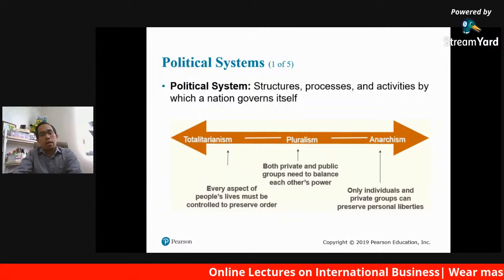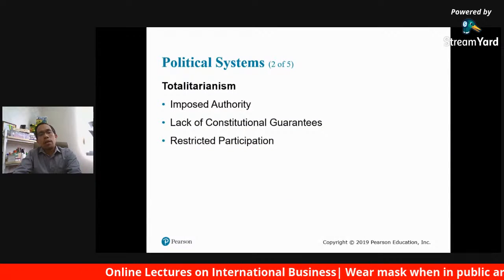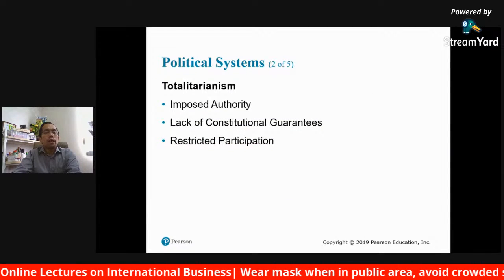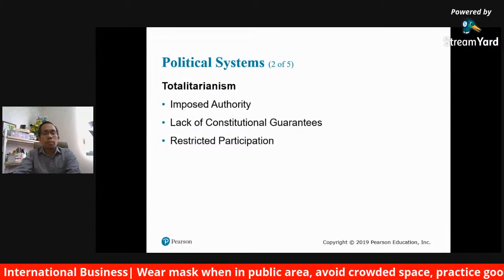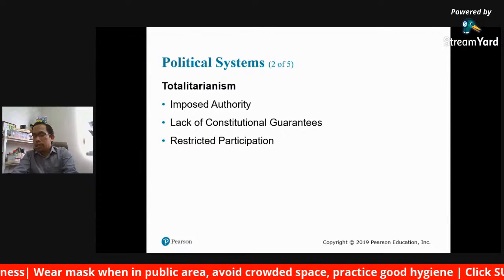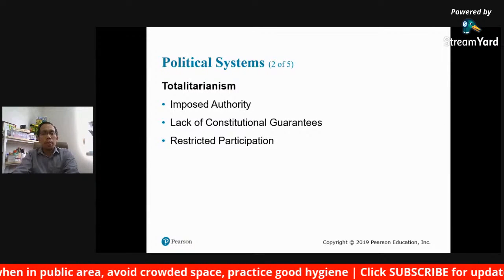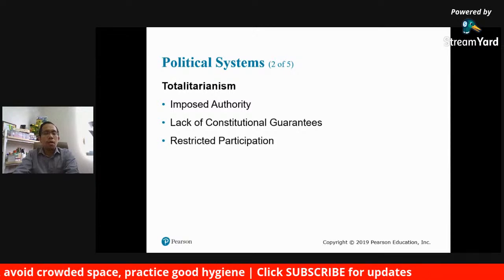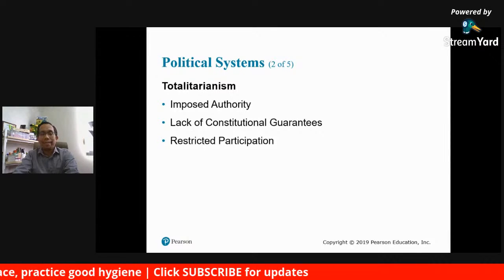Totalitarianism is a type of political system that imposes authority and has a lack of constitutional guarantees.